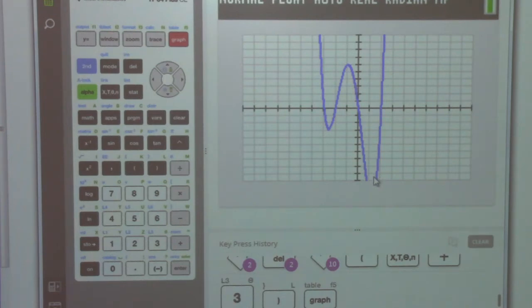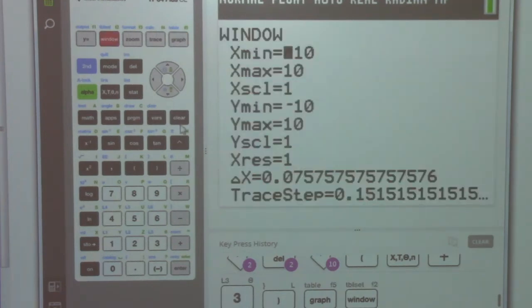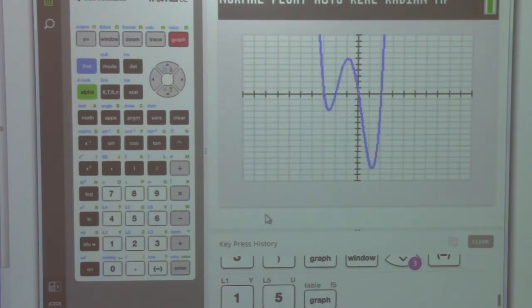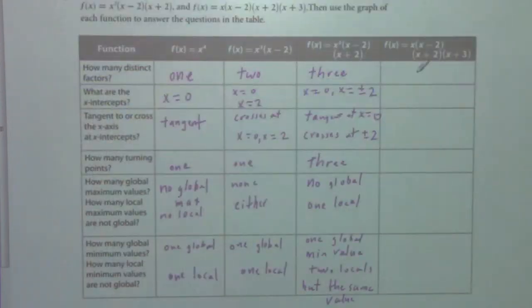No. So here's this one down here, and I'm going to expand the window a little bit so we can actually see what's going on here. I'm not sure if this will get it, but let's try. Yes, it does. So we can see everything here. Let's go ahead and answer the questions. How many distinct factors do we have here? 4.